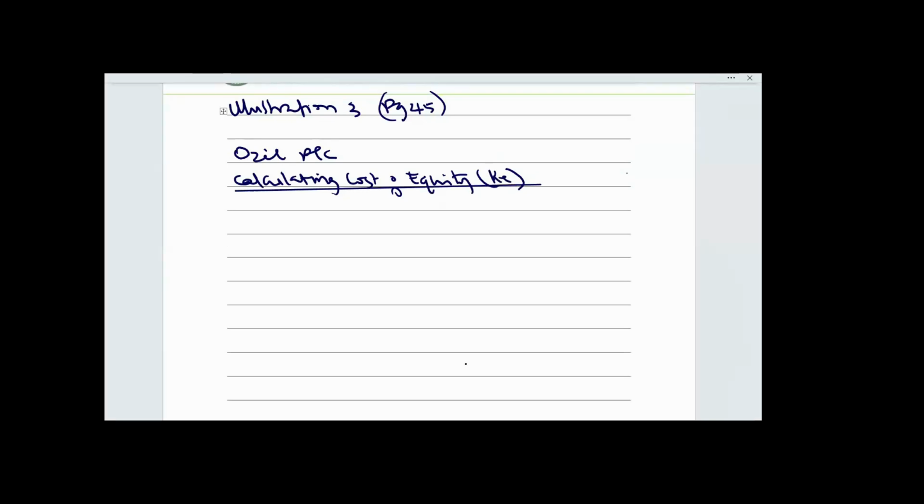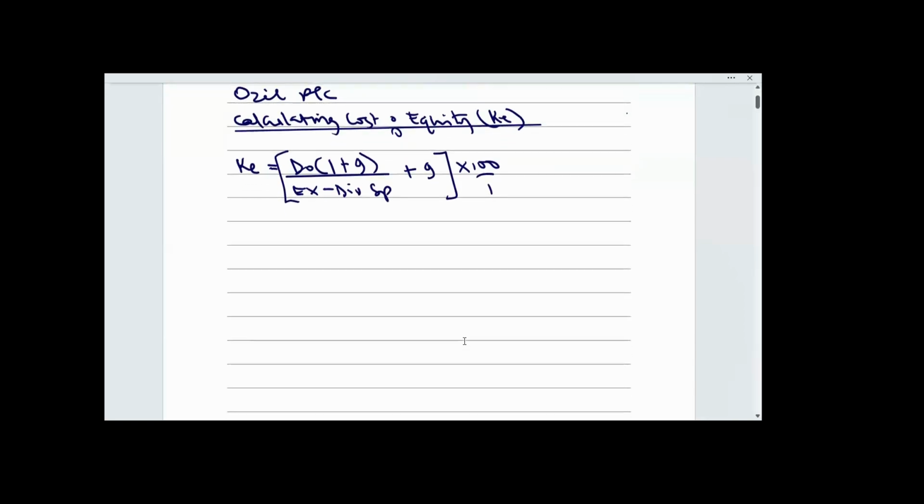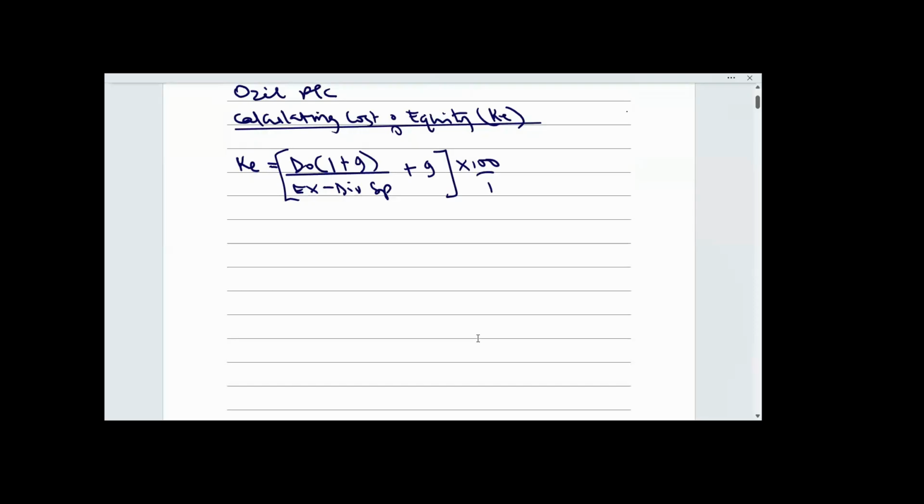So I would then say cost of equity equal to the current dividend multiplied by 1 plus the growth rate, then divided by the Ex-div, that is excluding dividend, share price, plus the growth rate. All of this multiplied by 100 over 1. So this is the formula for calculating cost of equity where there is growth.